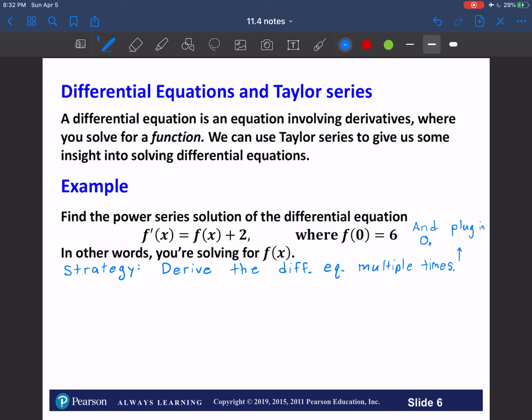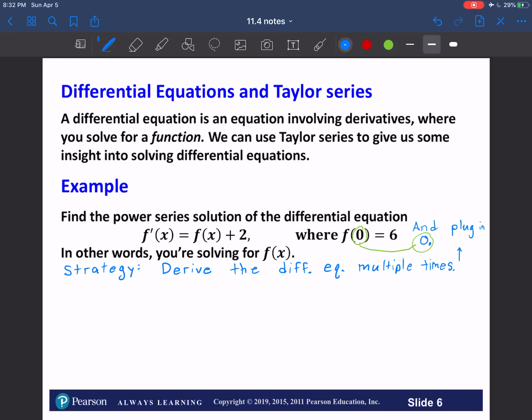The reason we're plugging in 0 is because we were given some information about what happens at f of 0. We were told that f of 0 is equal to 6, and we will use that information later. Whatever your initial value is, you're going to plug that in later on.